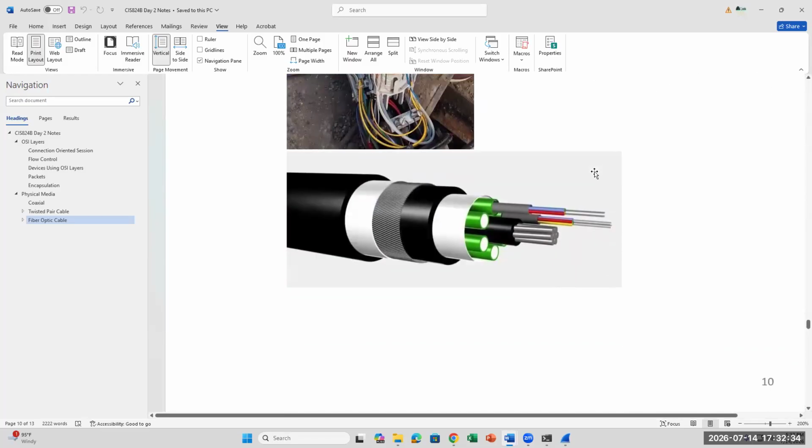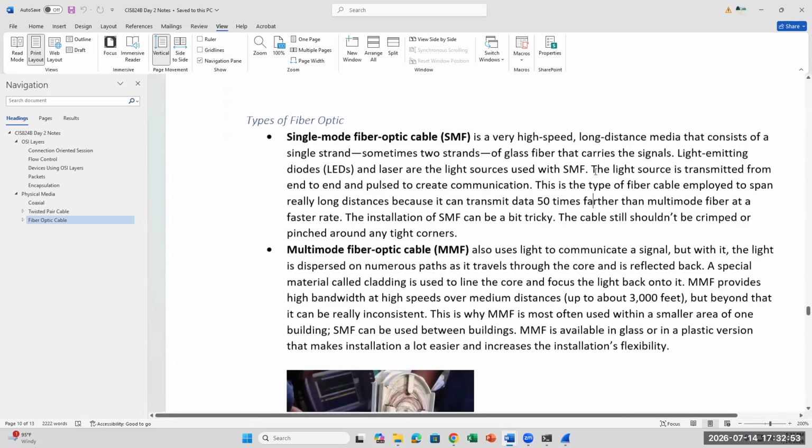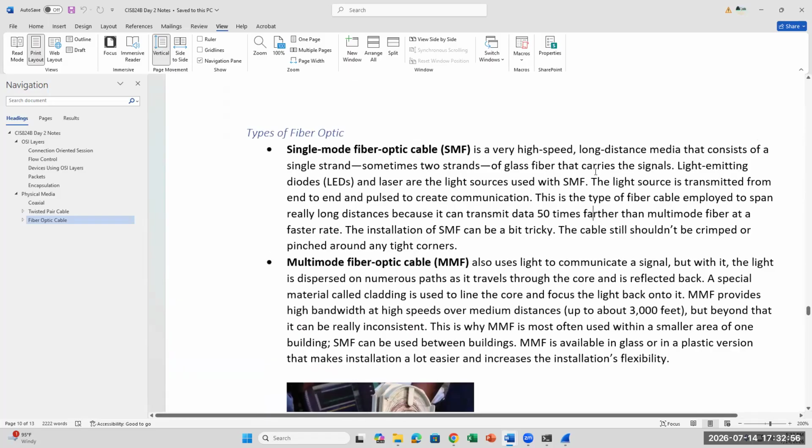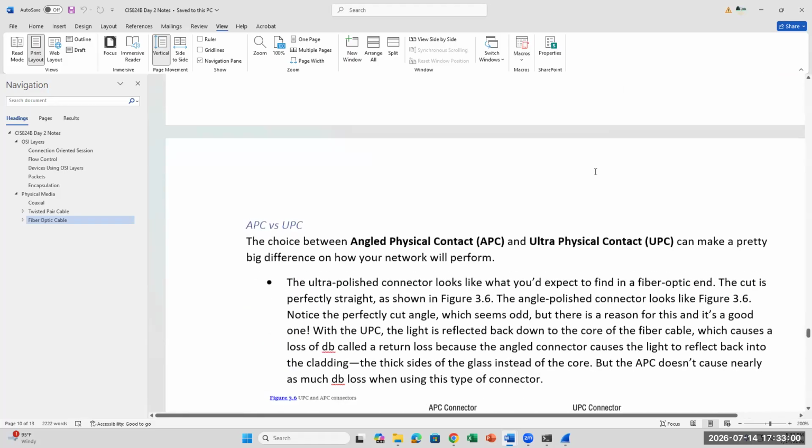And if you open up the multi-mode on the inside and zoom in on it, it looks like that. The core would have multi-light sources that generate the signal, but then you are going to have less distance compared to single mode. So now you know the difference.